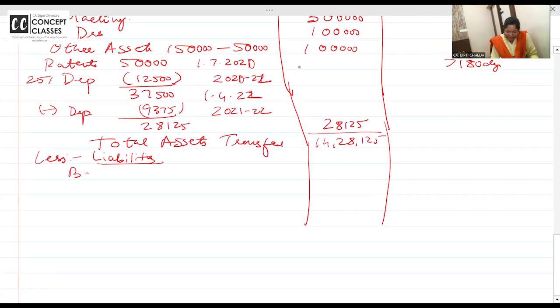Chalo. Let us take bank loan. How much is bank loan? Total 2 lakh. In that, how much is for unit 1? 70%. 1,40,000. What about the creditors? How much are the creditors? 1,50,000.